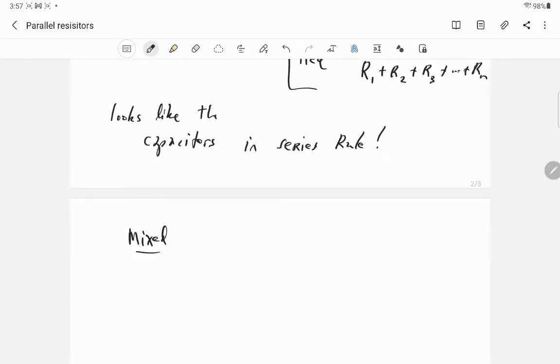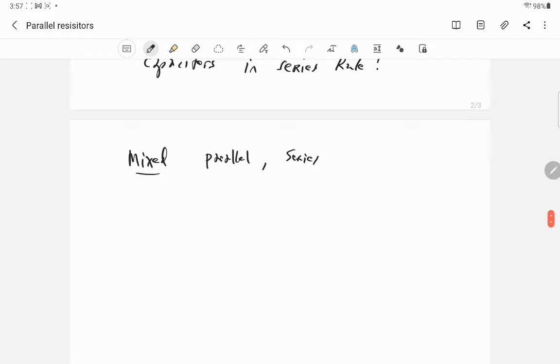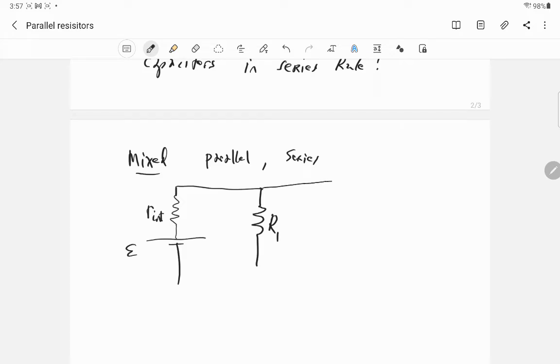Problem is most circuits have mixtures of parallel and series. And those kinds of problems look like this. You might say that I have a power supply. There is some sort of internal resistance. Here is the EMF, right? So already I have a resistor, and I'm going to connect this in parallel with this load.